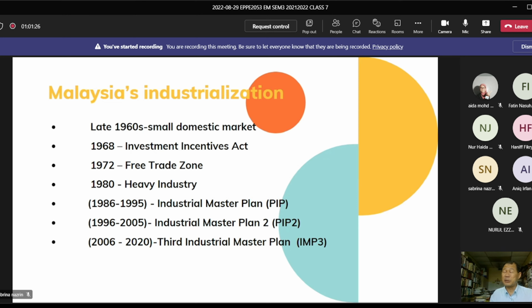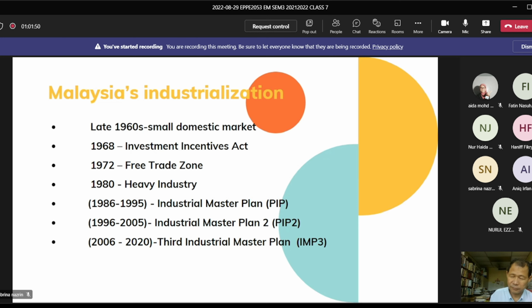This is the beginning of import substitution in Malaysia, in 1968 with the Investment Incentive Act. So now I have mentioned two.